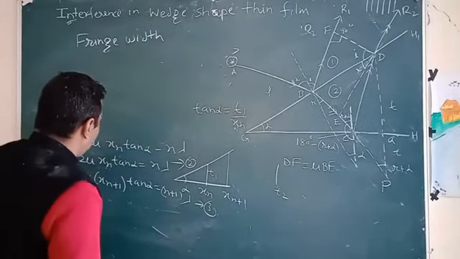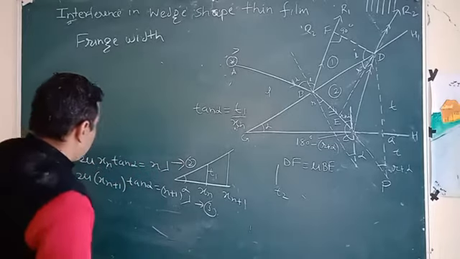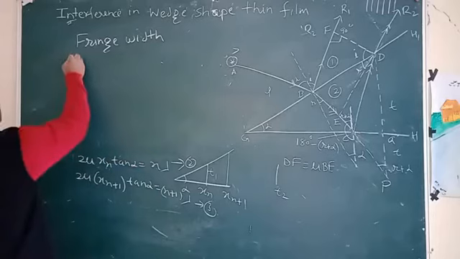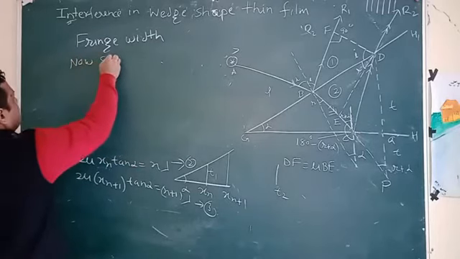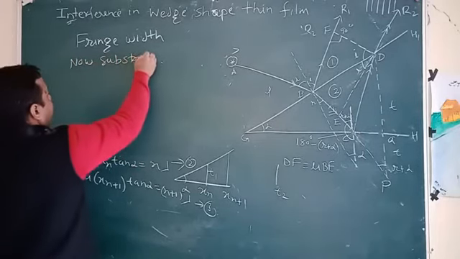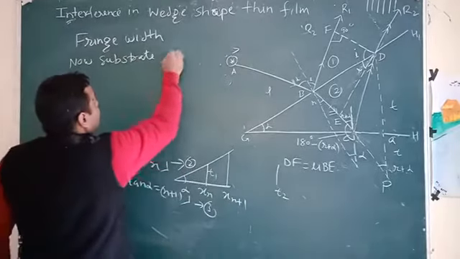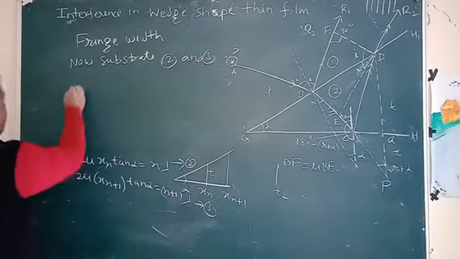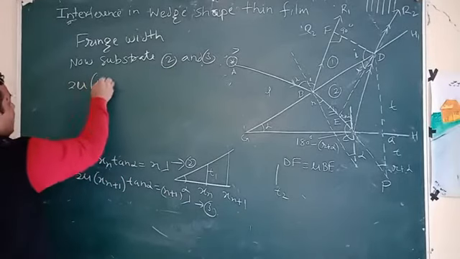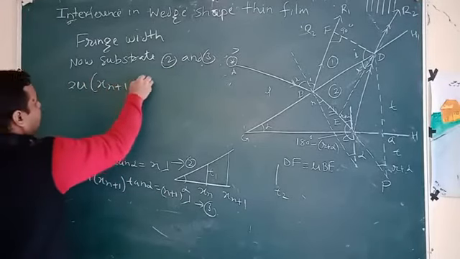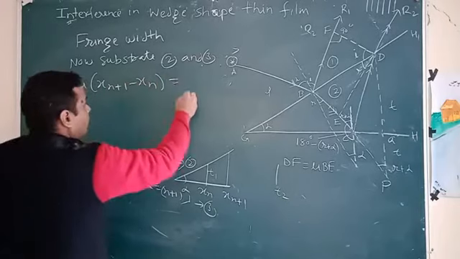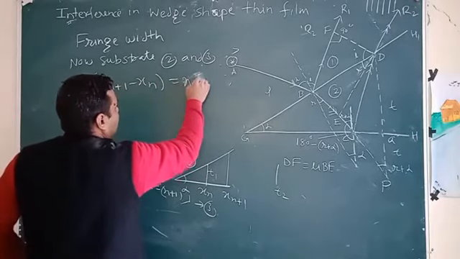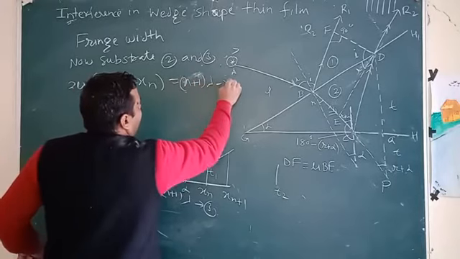Now subtracting 2 and 3, we find that 2 mu (xn plus 1 minus xn) tan alpha is equal to (n plus 1) lambda minus n lambda.